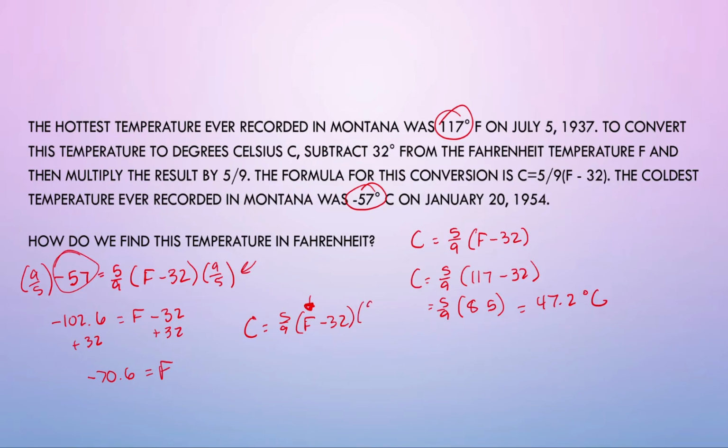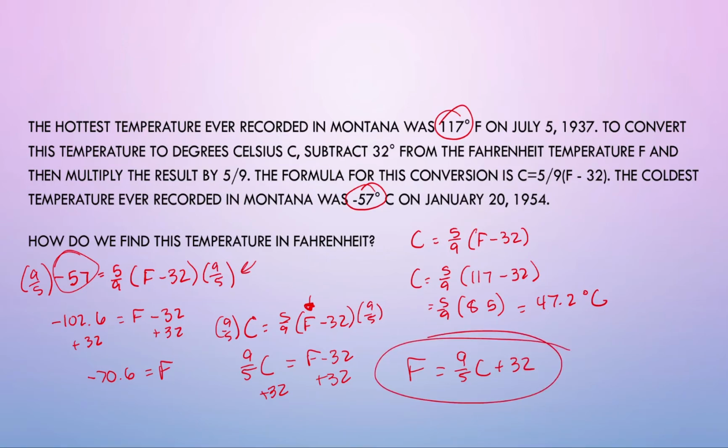So we still multiply by 9/5. And so we get 9/5 C equals F minus 32, and we add 32 to both sides. So we get that Fahrenheit equals 9/5 Celsius plus 32. So this gives us an inverse function.